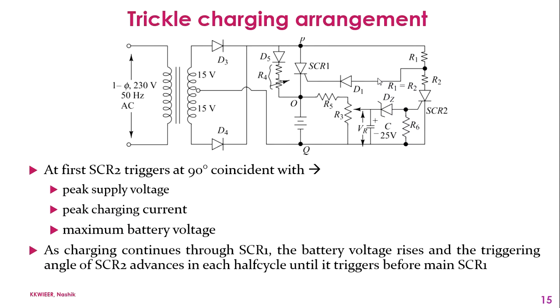As the charging continues through SCR1, the battery voltage rises and the triggering angle of SCR2 advances in each half cycle until it triggers the main SCR1.